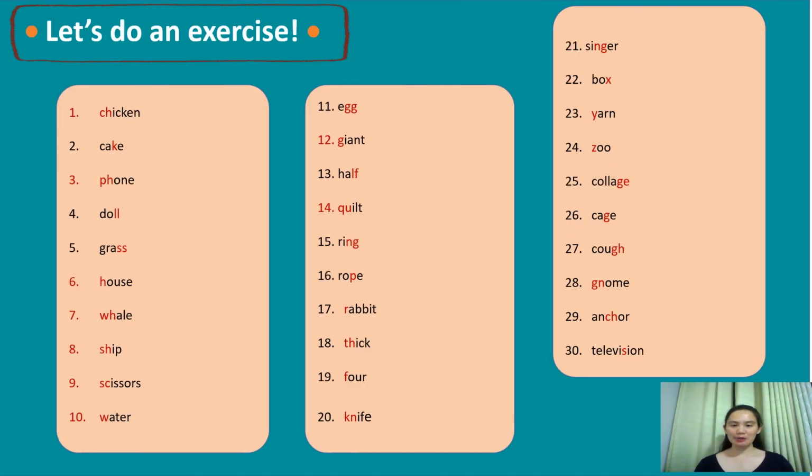Now let's do an exercise. Write the correct symbols for the letters in red font color.